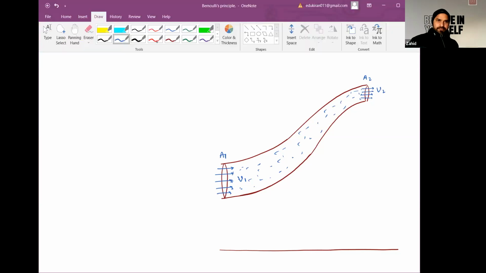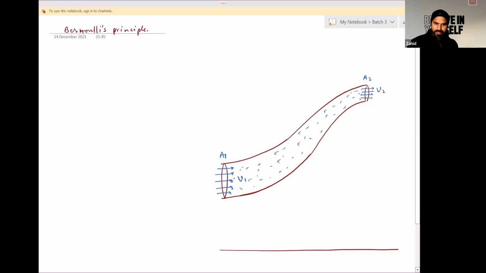Next, the height of this point from the ground is H1, and the height of this point from the ground is H2. So if you have to move liquid in this tube from a lower end to some higher end, you need some external agency to do work to move this liquid.